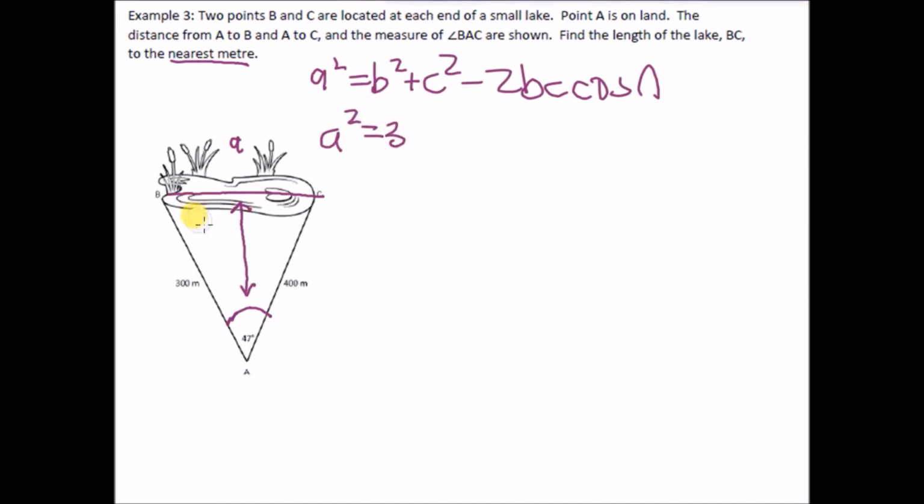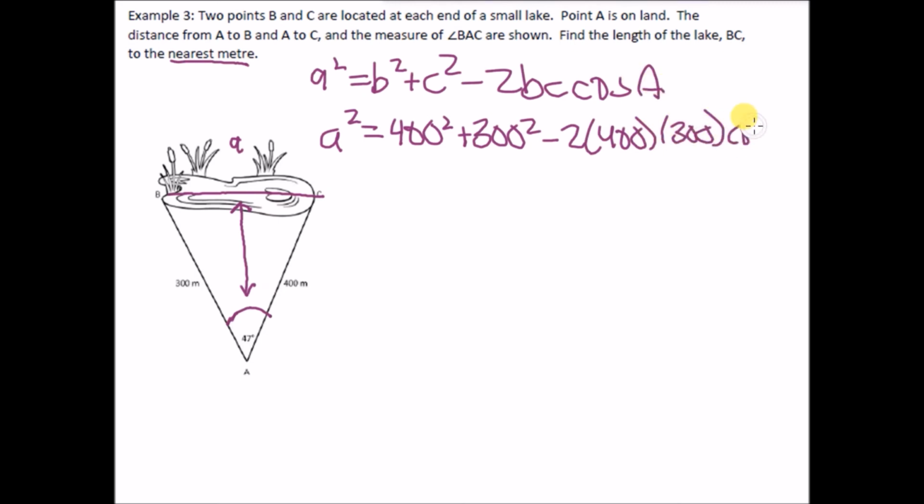Side B is 400, to be absolutely accurate. 400 squared plus 300 squared minus 2 times 400 times 300 cos of 47. And all of this can go into my calculator.